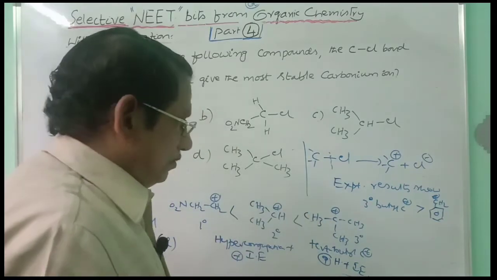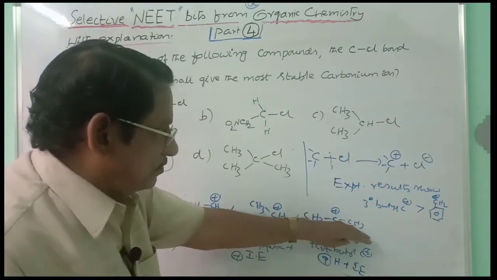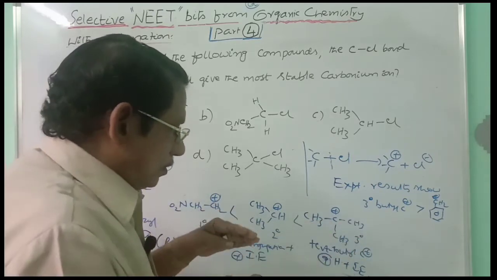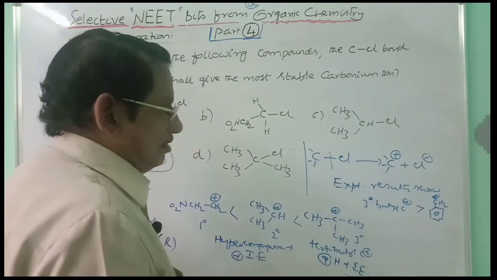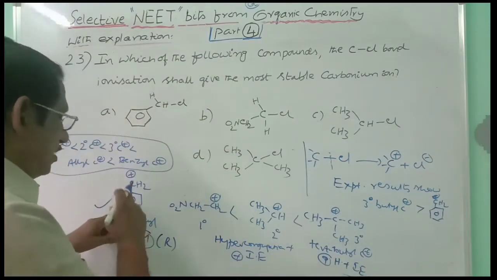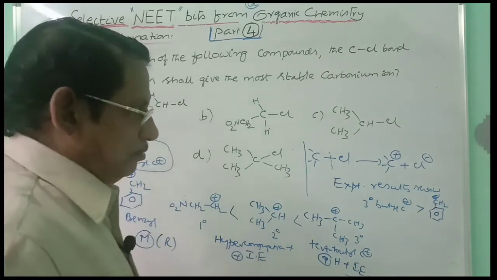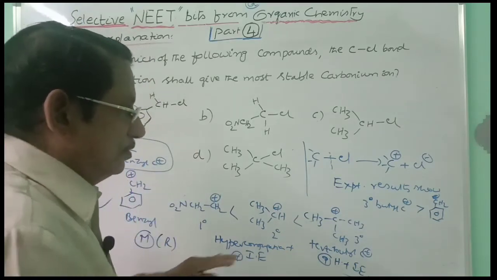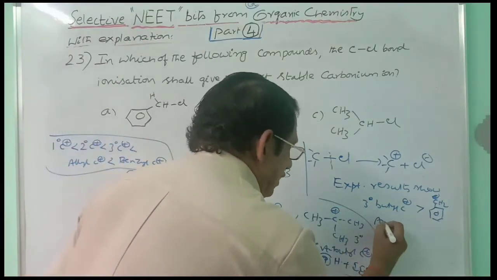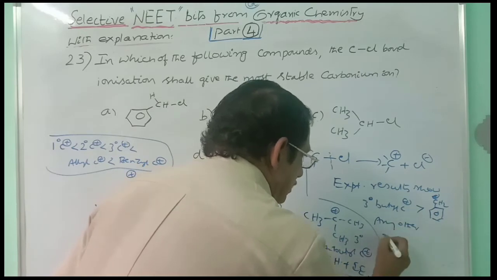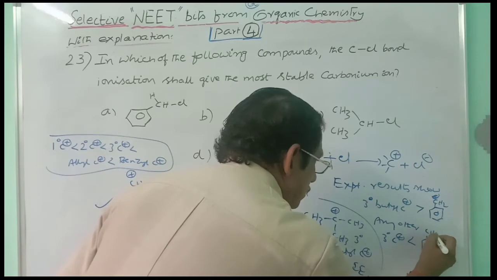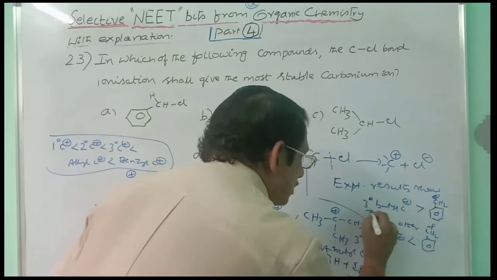Combined effect is there. So 9 hyperconjugative resonance forms, because alpha hydrogens are 9 here, plus the added inductive effect is slightly dominating the resonance effect of the benzyl carbocation, so it is slightly more stable. This is only true in this case. If you take any other tertiary carbocation, it is less stable than benzyl carbocation. This is only in the case of tertiary butyl.